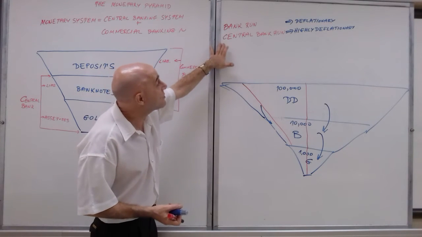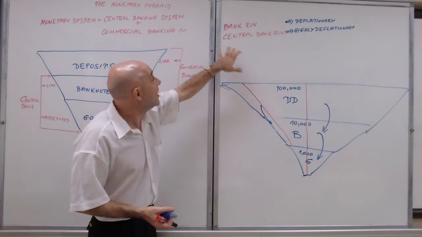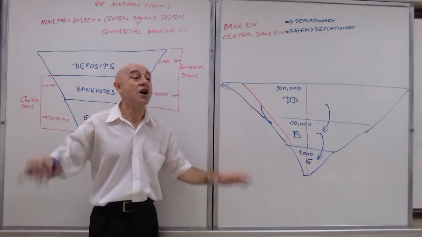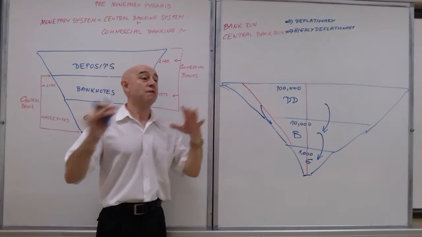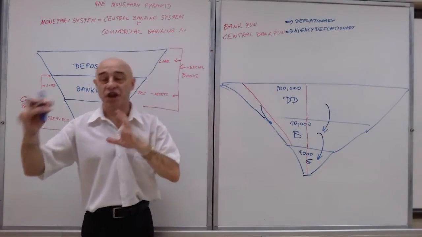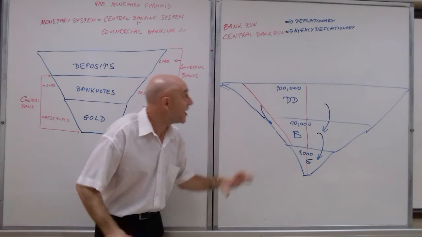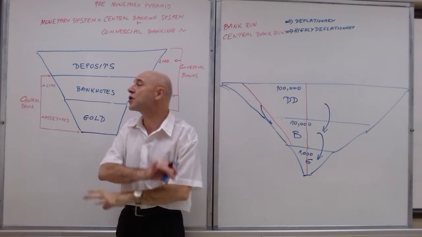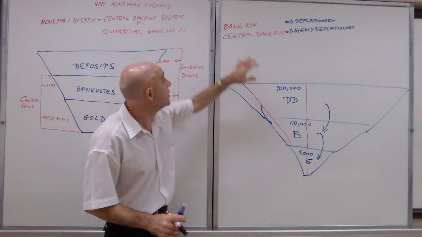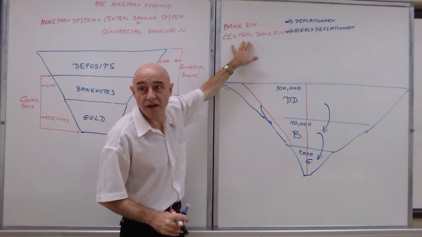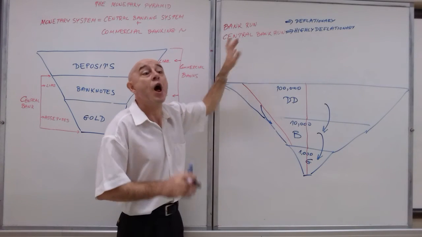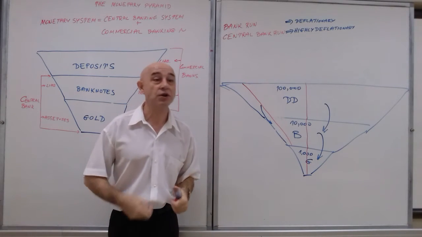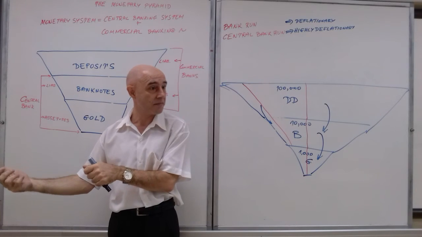All right, so a central bank run is highly deflationary. It is devastating for the central bank, for the commercial banks, for the government, for the economy. All governments in the world are desperate under any circumstances to avoid a central bank run. Usually they do it by law. They say it is impossible, you cannot do it, you try to do it, you go to jail.